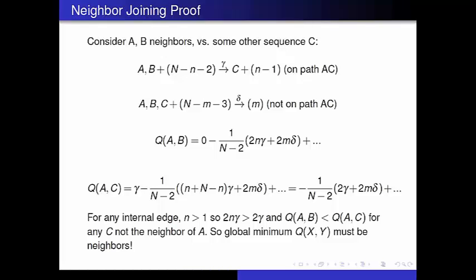Therefore, 2n gamma is always greater than 2 gamma. Therefore, QAB is always less than QAC for any C that is not the neighbor of A. So we basically just proved that the global minimum of Q over all possible pairs must be neighbors.